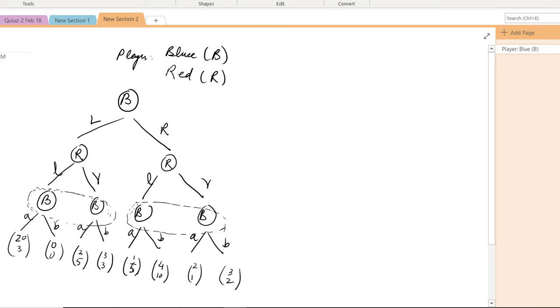What does it mean? It means that once player B comes to this node, he is not clear what he is facing.